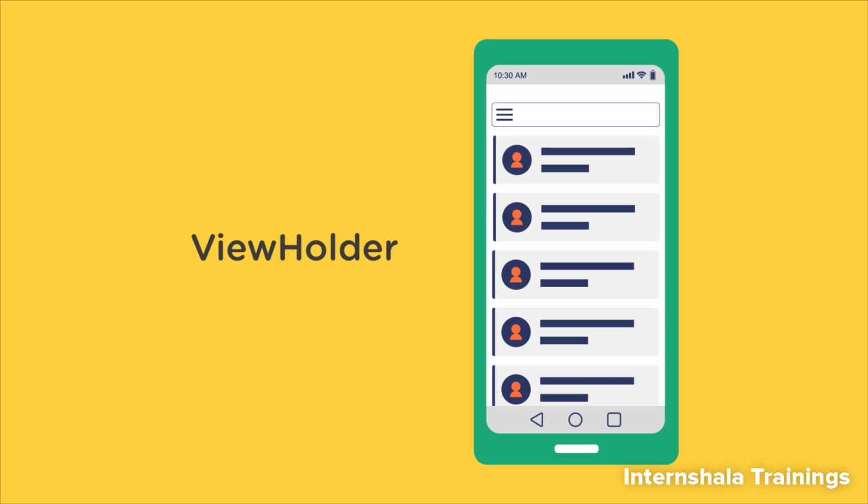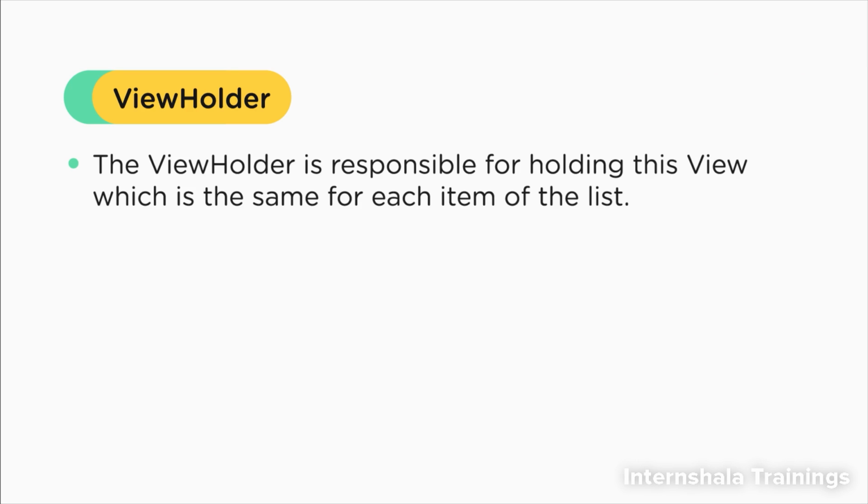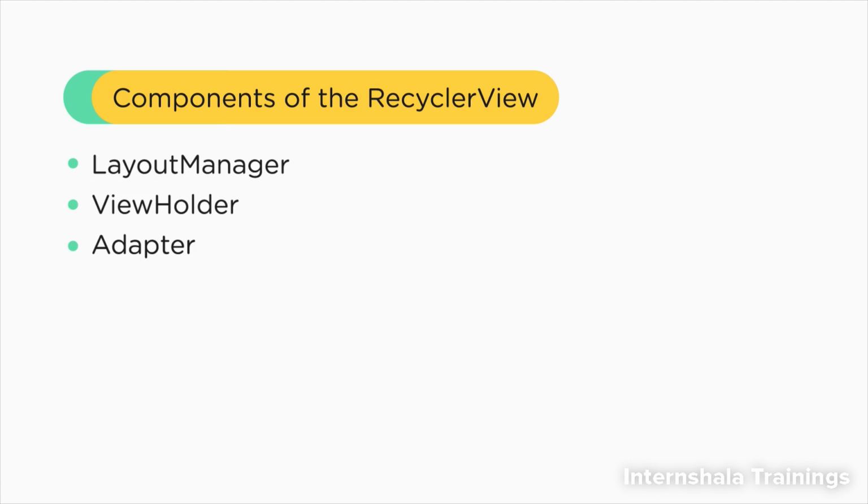So, every list will have a view, which is the view of an item of the list, right? Now, the view holder is responsible for holding this view, which is the same for each item of the list. The layout manager manages the arrangement of the list items and the view holder holds the view of a list item. Let's look at the role of the adapter now.